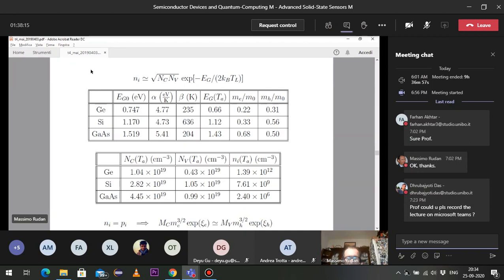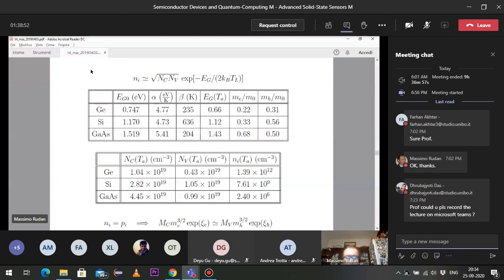Then we have the average masses. You remember, you already have seen tables involving masses, but those were the longitudinal and transverse masses, okay? These are the average masses, so they are obtained by, remember, the cubic root of the product of the transversal and longitudinal, so their numerical values are different, okay?